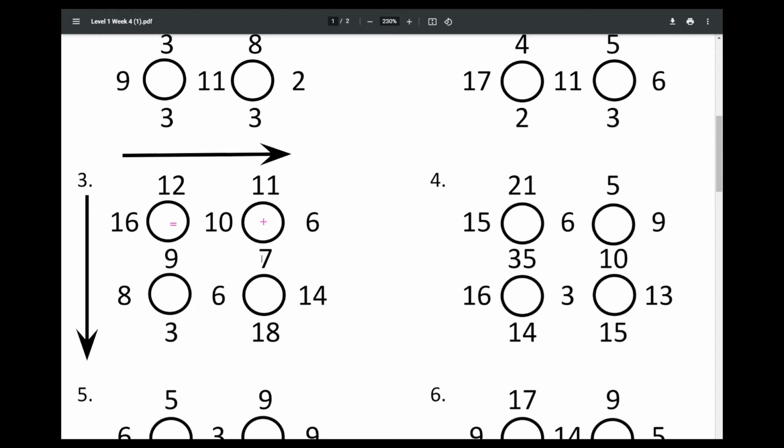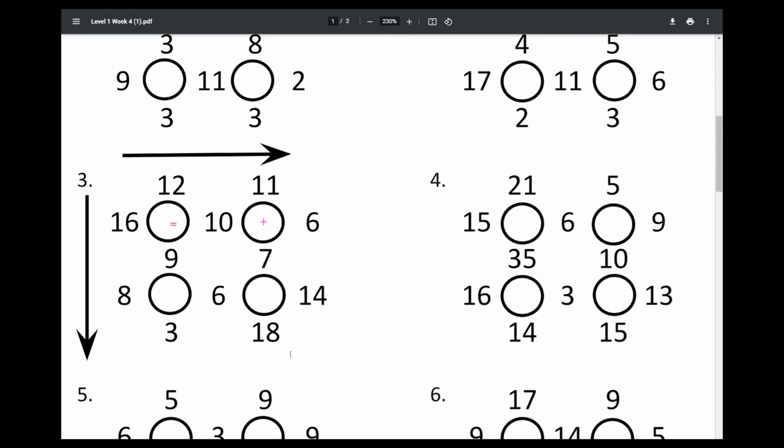Mary Grace? Can you do 11 plus 7 equals 18? All right. We put an equal sign. Does that work for everybody else?